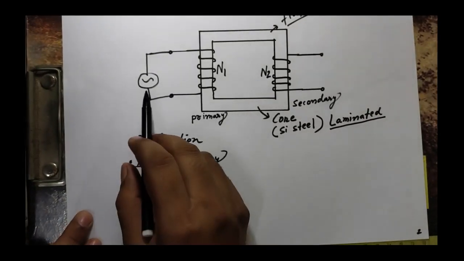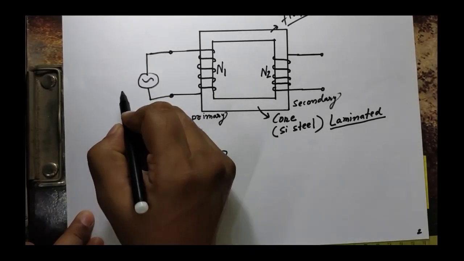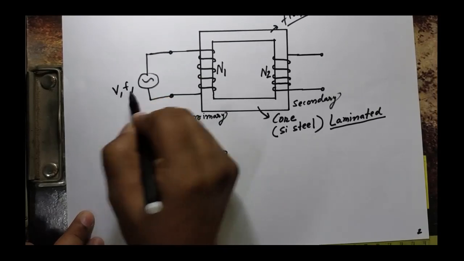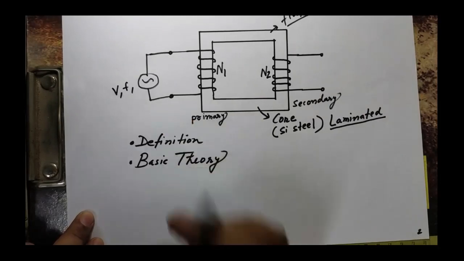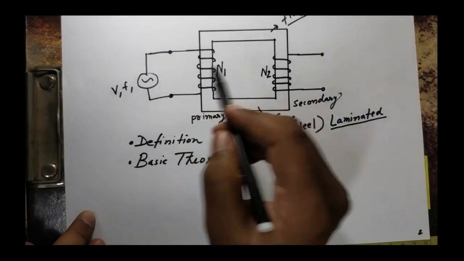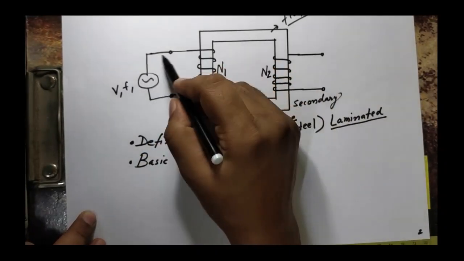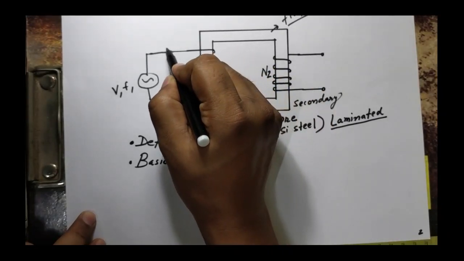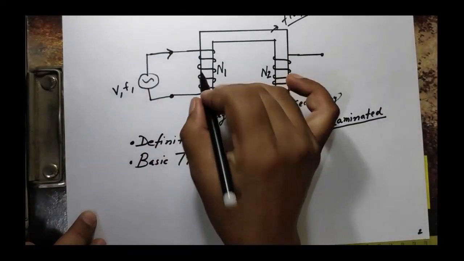Since we have applied an AC supply which has some frequency, having a certain voltage, generally it is 50 hertz in our case, so see what will happen if we give AC supply. Since it is a closed circuit, a current will start flowing. Current will be set up in this coil.